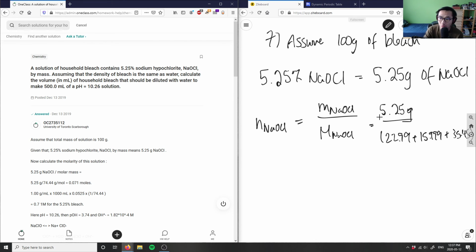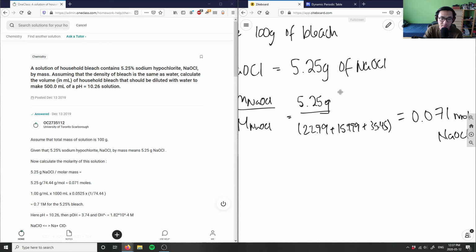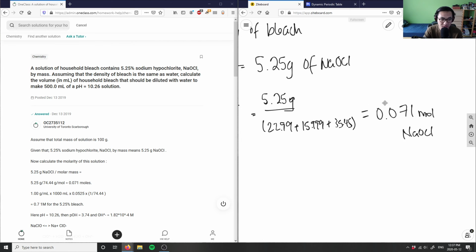But what I have so far is 0.071. And if I assume I have 1 liter of volume here, it's going to equal 0.71 moles, which is our concentration here.